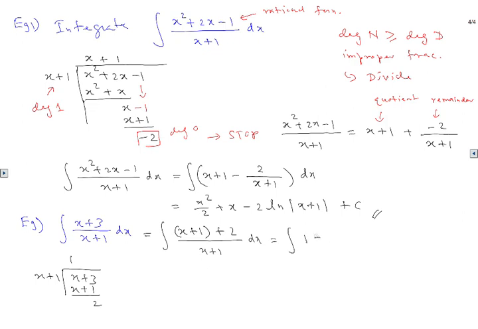From the second one, you're going to get 2 over x plus 1. That's exactly the same thing, but sometimes we can do this kind of trick to make the calculation fast. Now we can integrate term by term. From the first one you get x, from the second one you get 2 ln of x plus 1. So that's much faster. So you can avoid the long division sometimes.